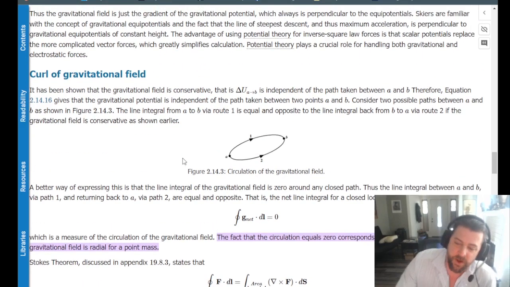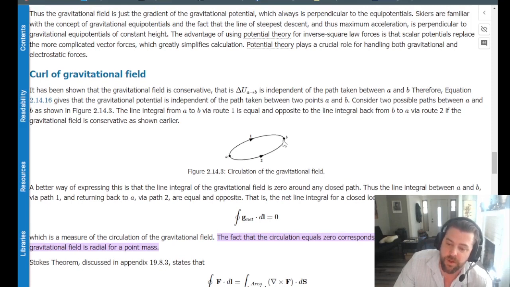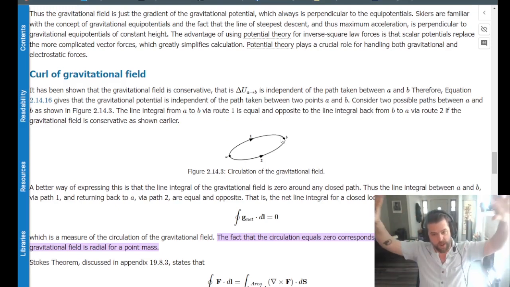Well, this little diagram kind of explains it. If you have 2 points, point A and point B, and you want to go to point B, you go left to point B. Cool. What happens if you went right? The same thing. You would have used the exact same amount of energy to get from here to there because the field is uniform in all directions going outward, okay?